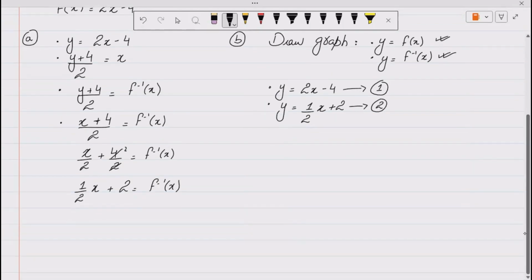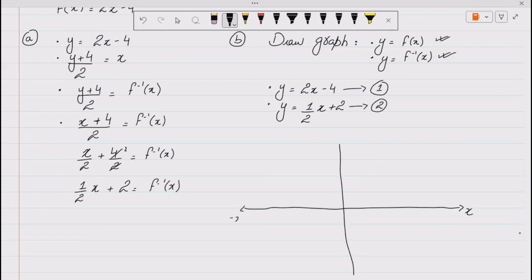Now we have to find the graph. So for the graph, let's make the axes first. So this is x, this is minus x, this is plus y, this is minus y. To make the graph, first we have to find 2 points for each, right? In our lecture on graphs of a straight line, we saw how to make a graph, so just recalling this method here.